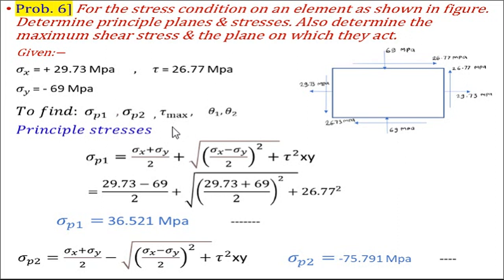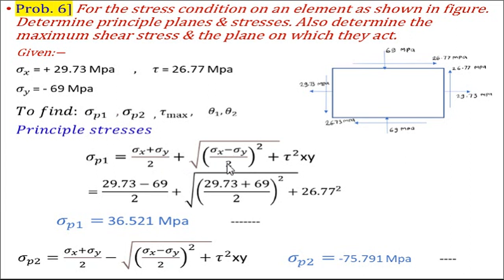As we know, the formula for principal stress is sigma p1. For the first principal stress we have to take the positive sign, and for the second principal stress we have to take the negative sign. So as per the formula, sigma x plus sigma y divided by 2 plus under root of (sigma x minus sigma y divided by 2) bracket square plus tau xy square.